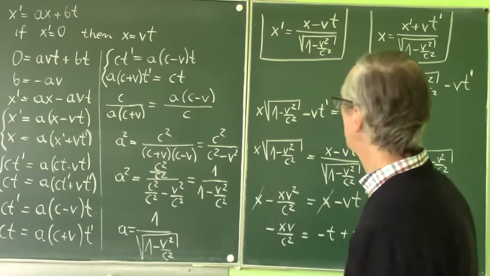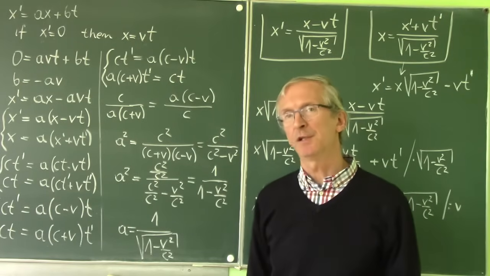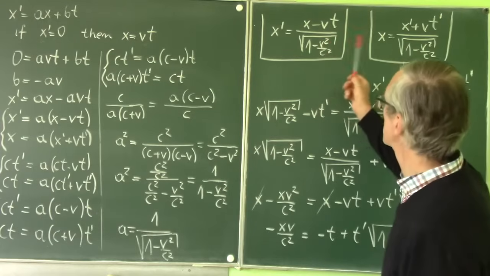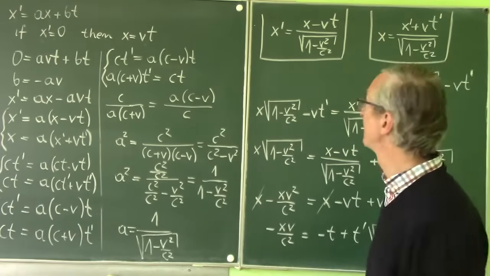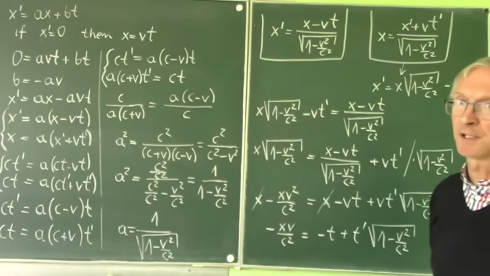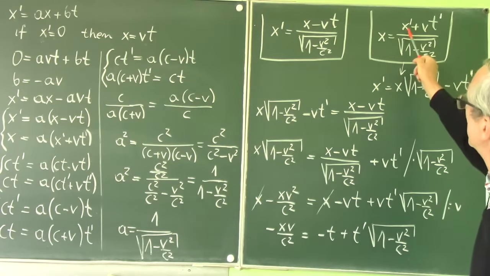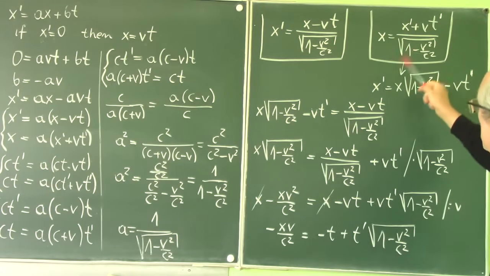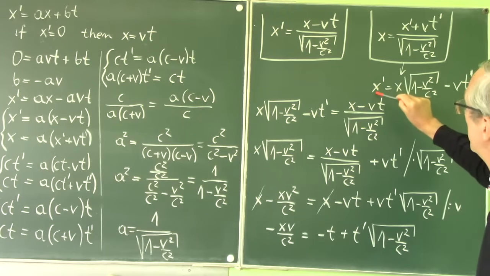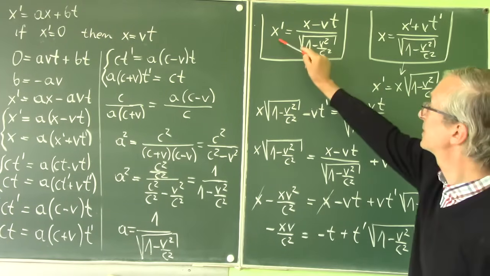Now we only have to find the transformation of time. We will use these two equations, and from this inverse transformation we'll calculate x dash, and it's done here, and we put this value, the right side of this equation, to this place.